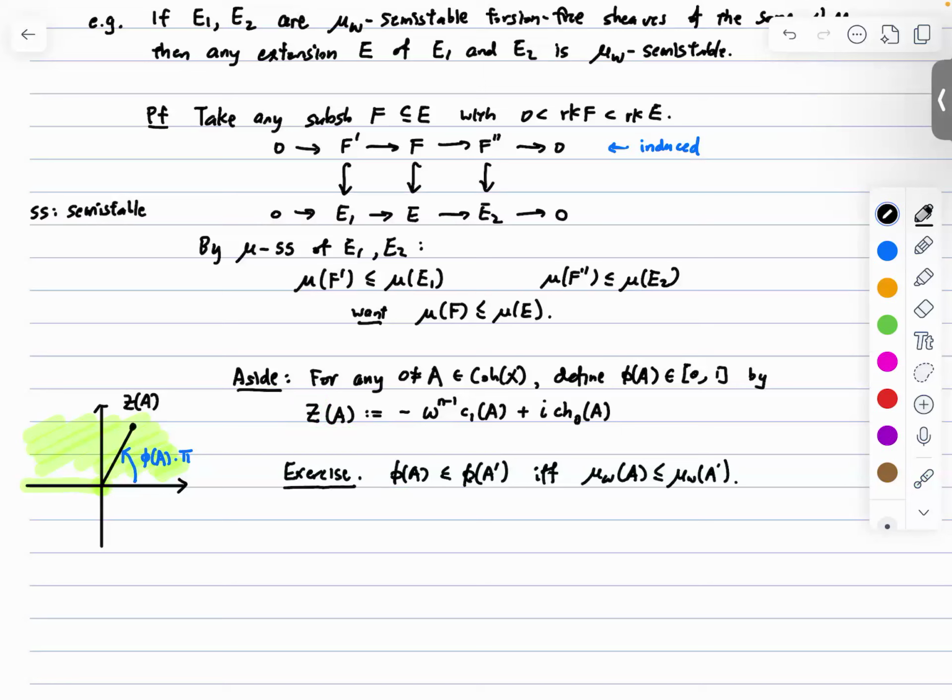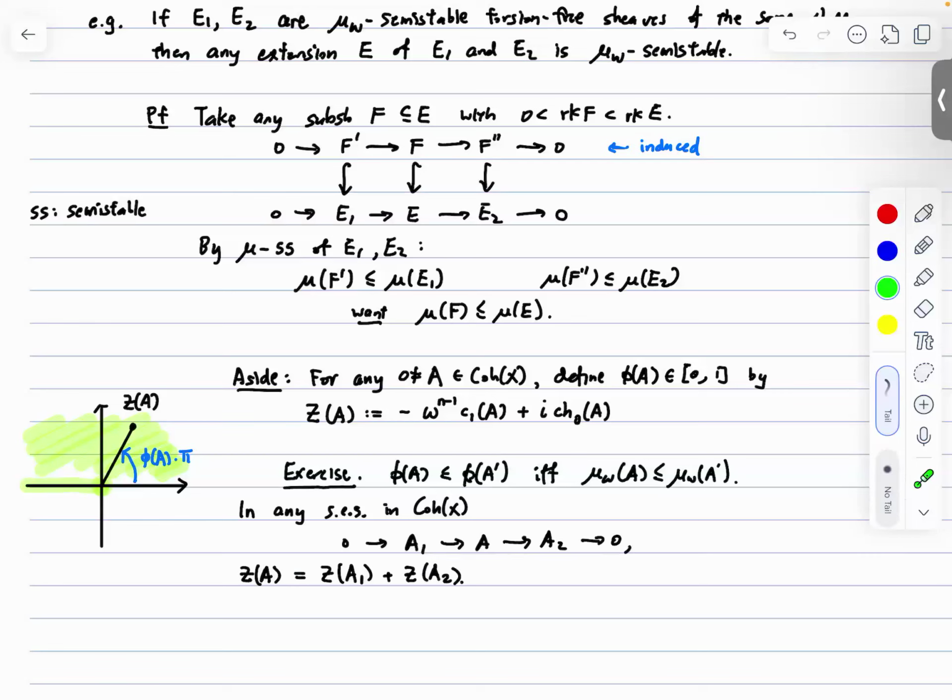So an interesting property of this Z is that in any short exact sequence of coherent sheaves, let's say from 0 to A1 to A to A2 to 0, Z of the middle term A is Z of the term on the left plus Z of the term on the right. This is just because the Chern components are additive on short exact sequences.